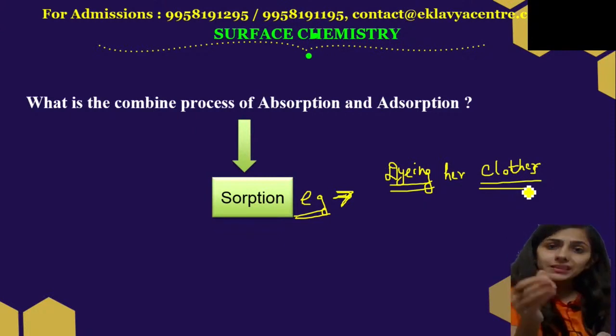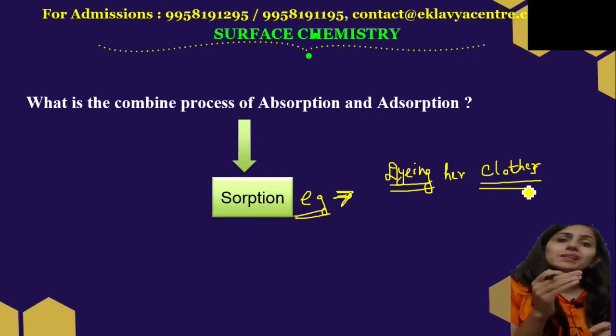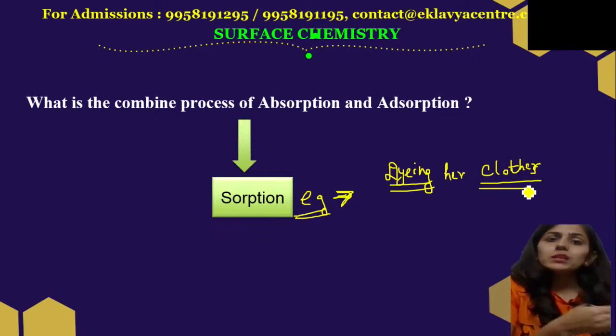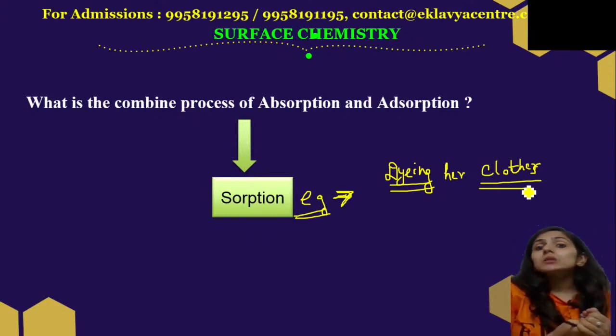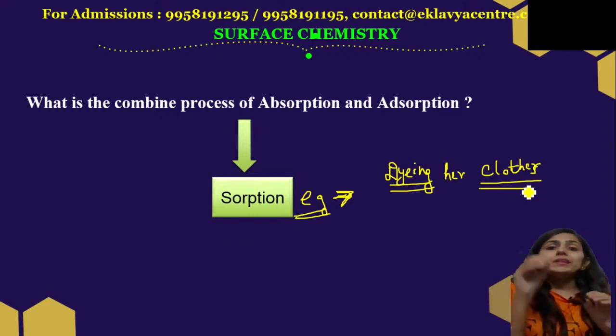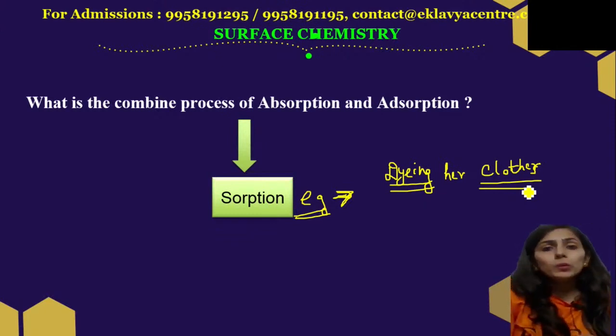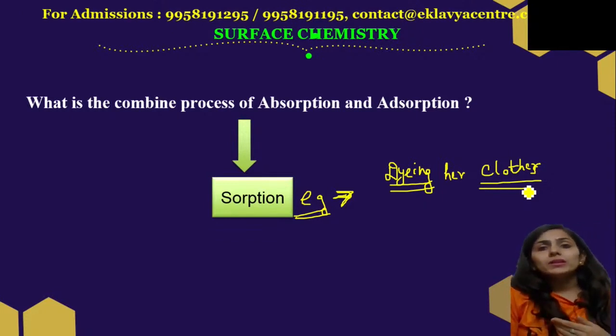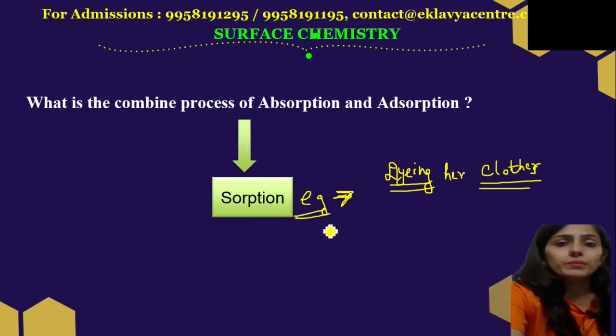Now what happens? The dye molecules not only get adsorbed on the surface, but also get into the bulk. That is why, suppose we had a white dupatta, after dyeing, if you want blue color, you can get blue color on the dupatta. You can get green, red, or orange color. It depends on your demand. So this dyeing of cloths is an example of sorption.